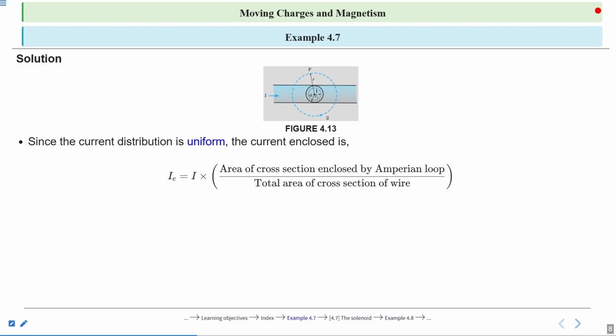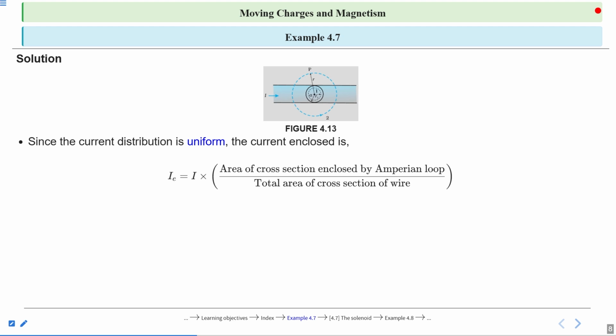Now you may have thought, why didn't we apply this ratio in the first case? Because current is only flowing through the wire, not outside the wire. That's why for the second Amperian loop, labeled as 2, the current enclosed is the total current I flowing through the wire.